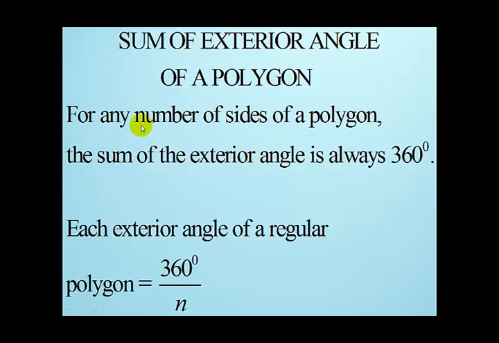And so for any number of sides of a polygon, the sum of the exterior angles is always 360 degrees. If you want to know each exterior angle of a polygon, then you have to divide the sum, that is 360, by the number of sides n. So each exterior angle of a regular polygon is equal to 360 divided by n.